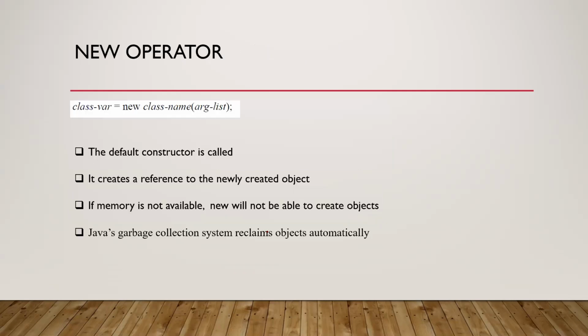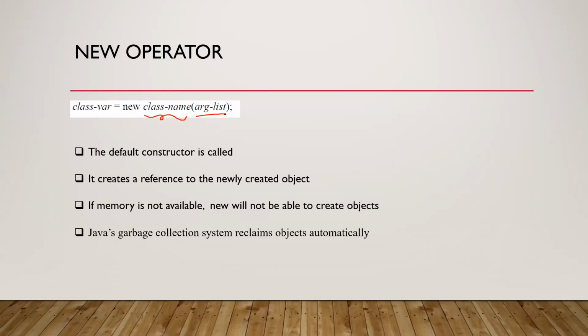Now let's look at the new operator, or new keyword, in more detail. This is how it is generally represented. You have the name of the class, then the type of the class, and the arg list.